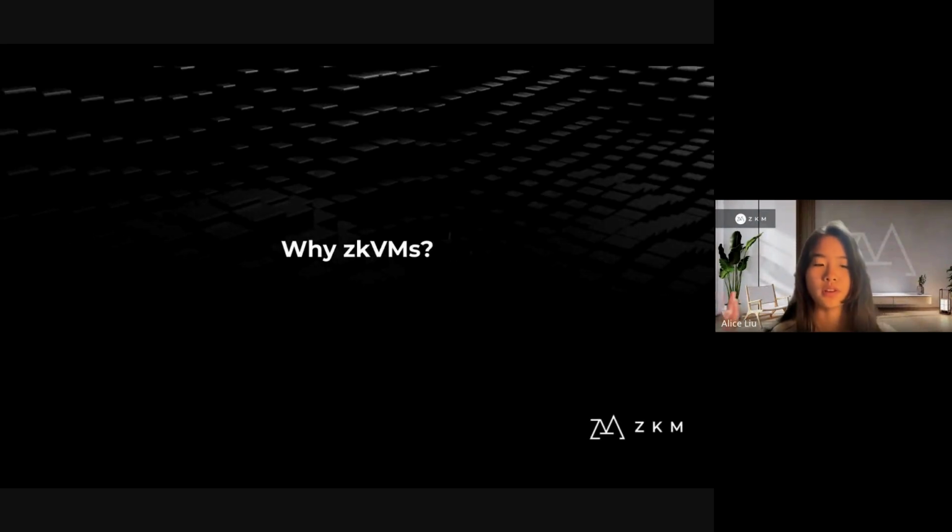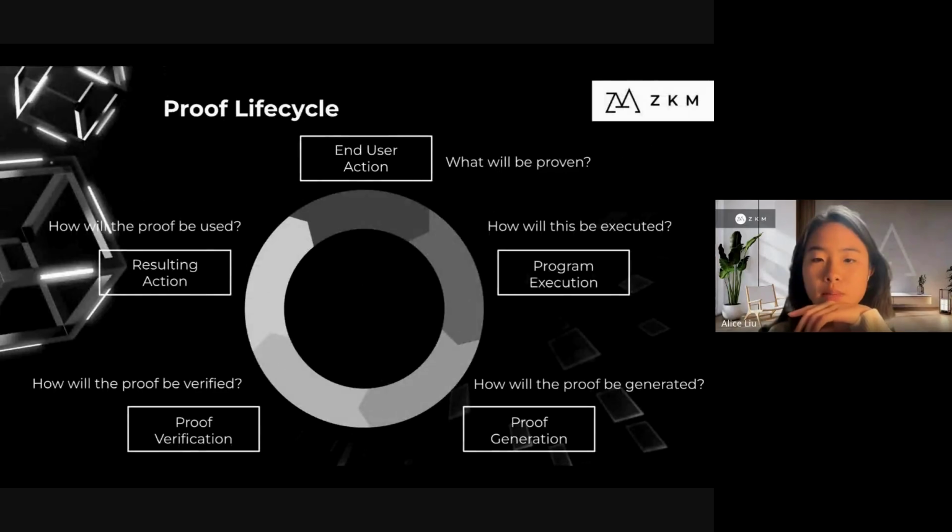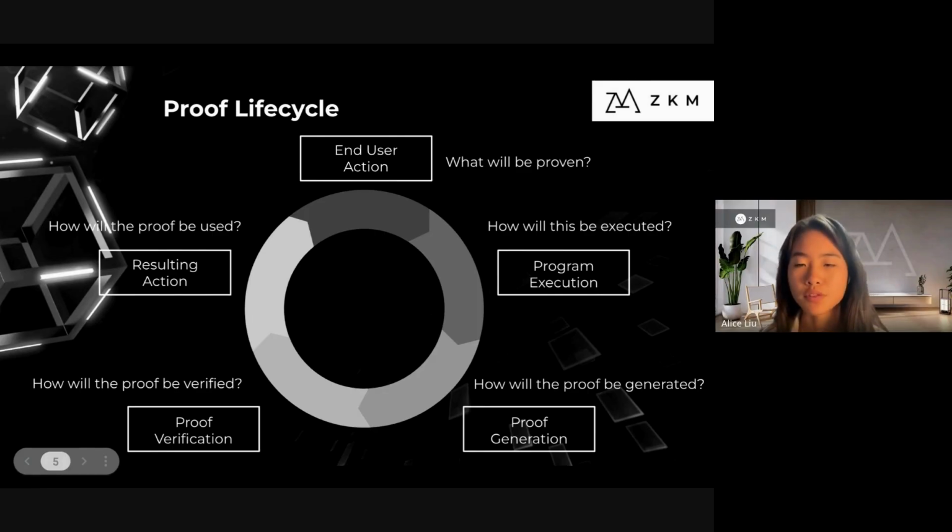In our first part, we'll be briefly going over why zk VMs. I think you are familiar with this proof lifecycle process, but just as an overview, when we are generating a ZK proof, there are a few stages that we have to go through. First is the end user's action. From your side, you have to determine what it is that you want to be proven.